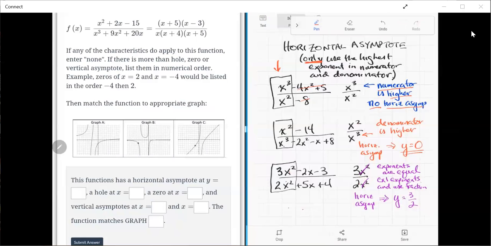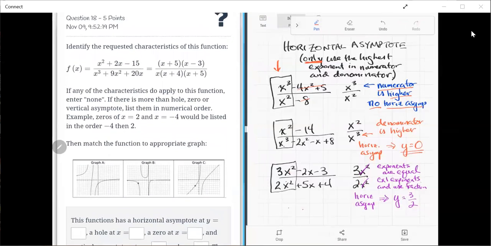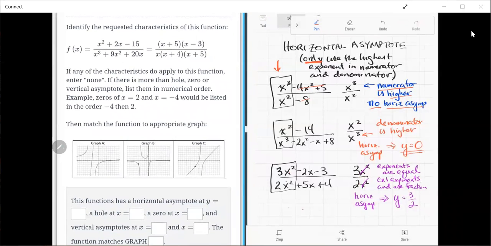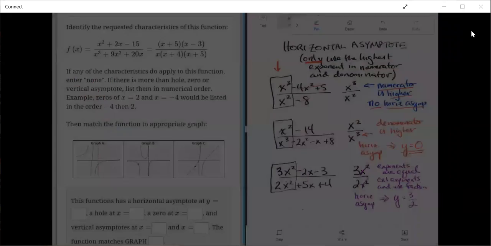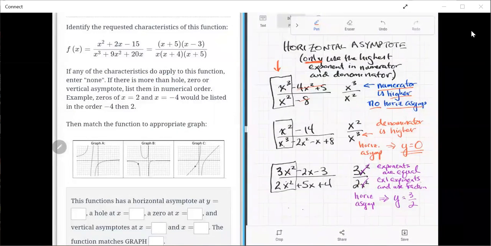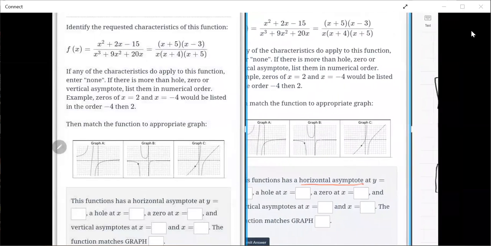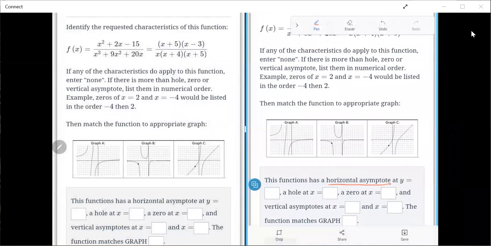So let's look at our first problem. All we're looking at for our horizontal asymptote is the first two values, which is x to the second power on top, and x to the third power on the bottom.